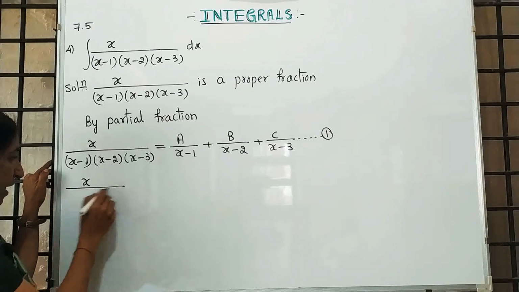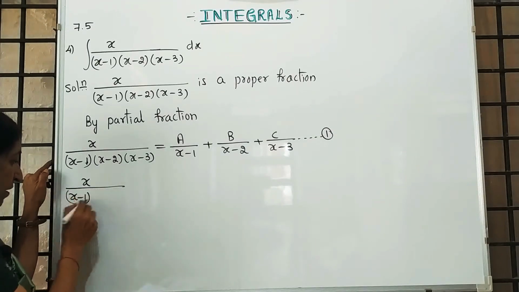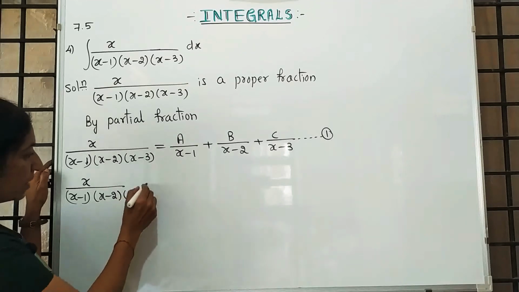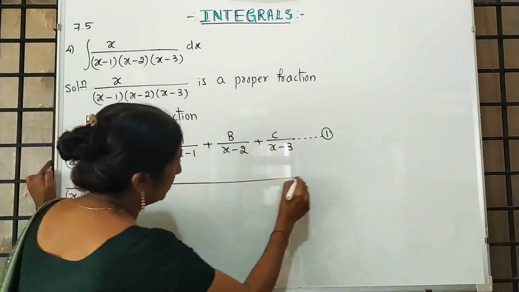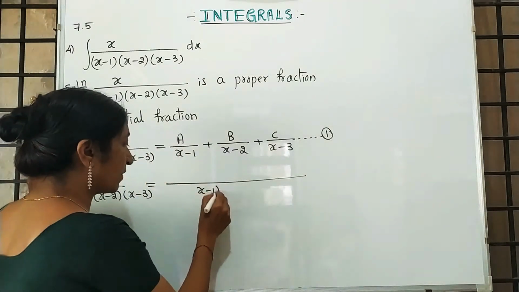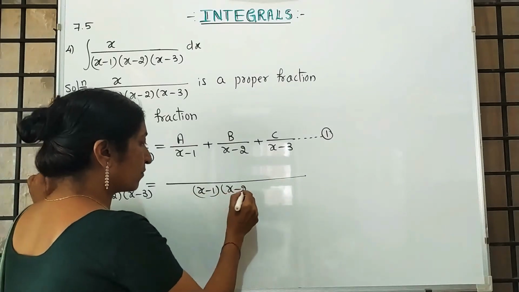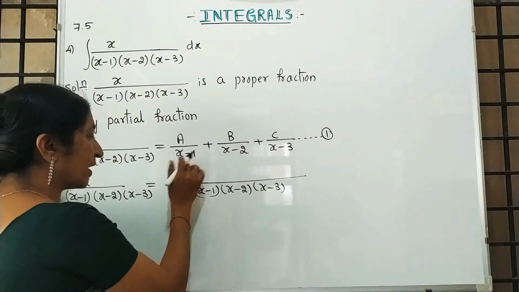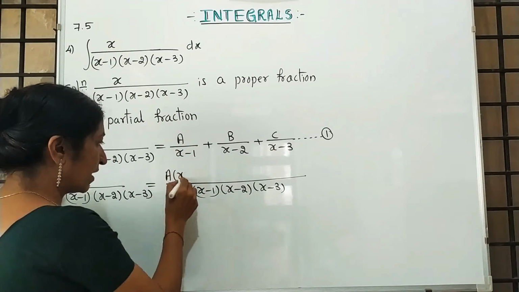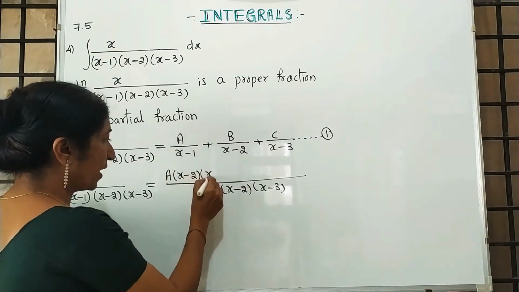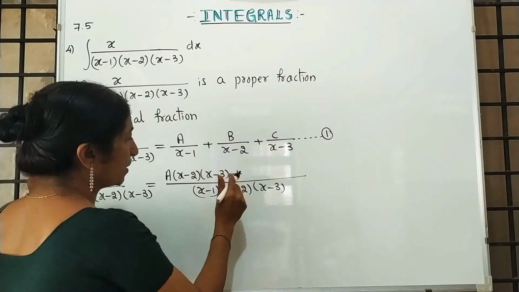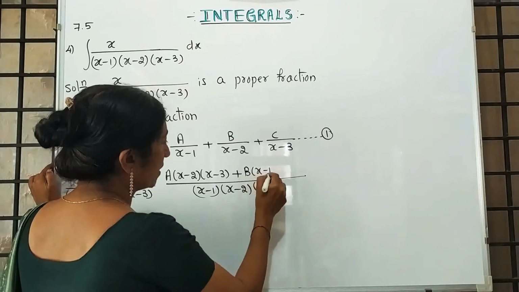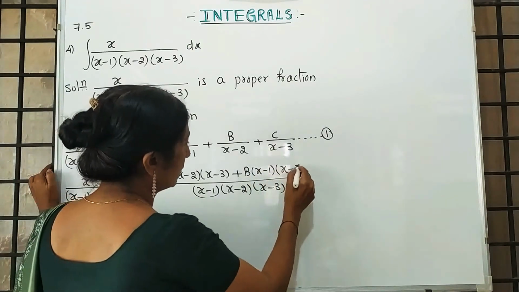Keep the left side as it is, x upon (x minus 1)(x minus 2)(x minus 3). Take the LCM. LCM is (x minus 1)(x minus 2)(x minus 3). With a, x minus 1 is there, so it is multiplied with x minus 2 and x minus 3, plus b. With b, x minus 2 is there, so it is multiplied with x minus 1 and x minus 3.